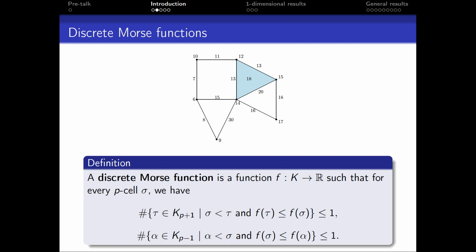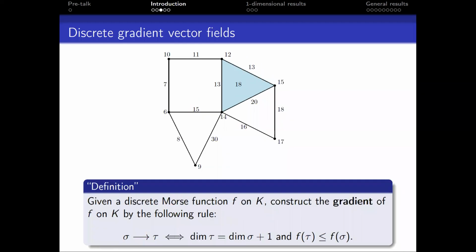So this is a discrete Morse function, and you define a critical cell if this number is actually 0. So if this set in which things happen is empty, that will make a cell critical. Okay, for example, in the picture you see another example of a discrete Morse function on a simplicial complex that has a lot of vertices.